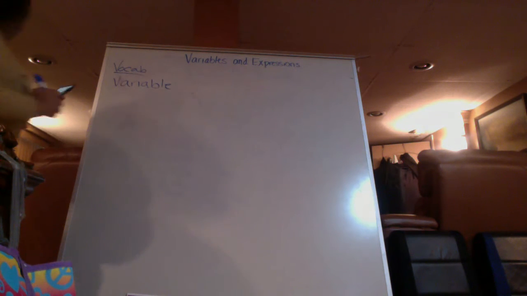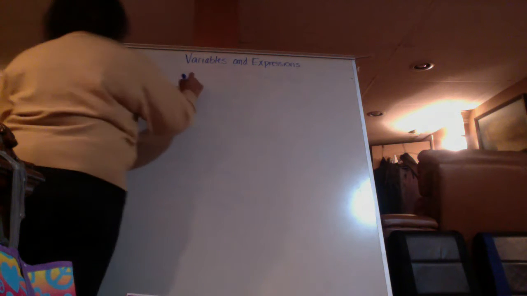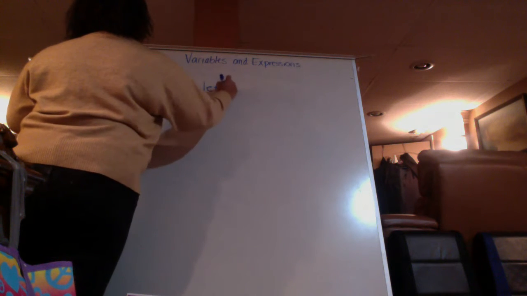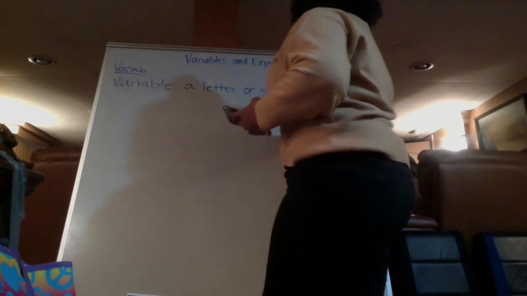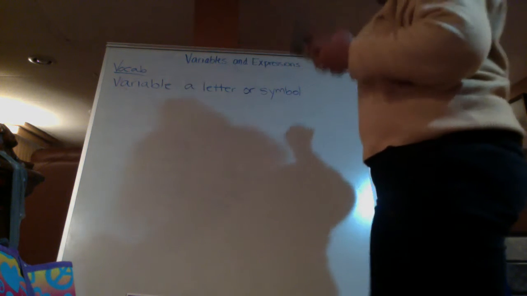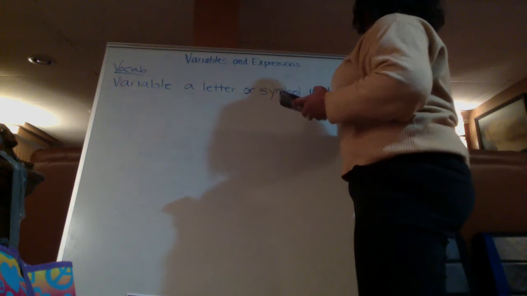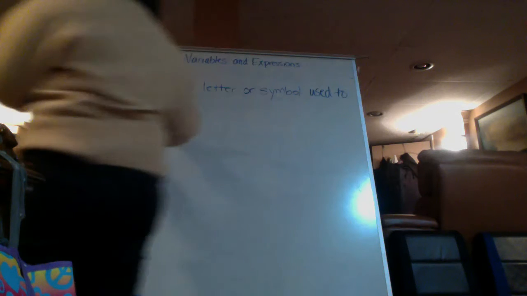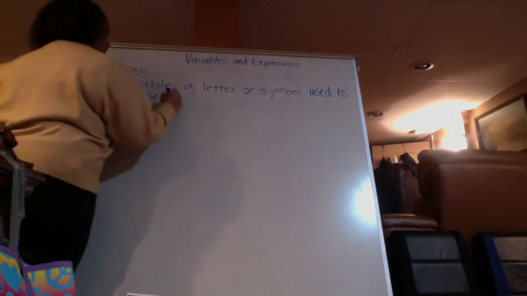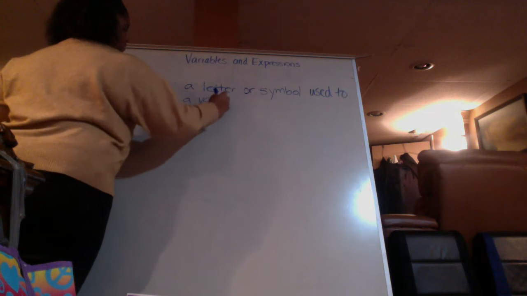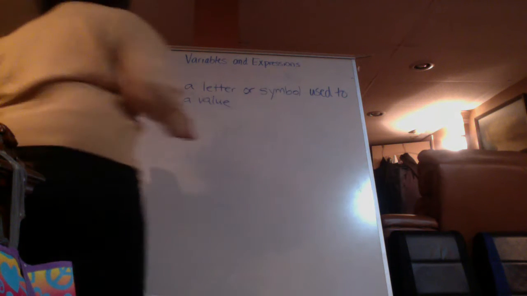A variable is a letter, like X, A, B, C, or a symbol, used to represent a value that can change.